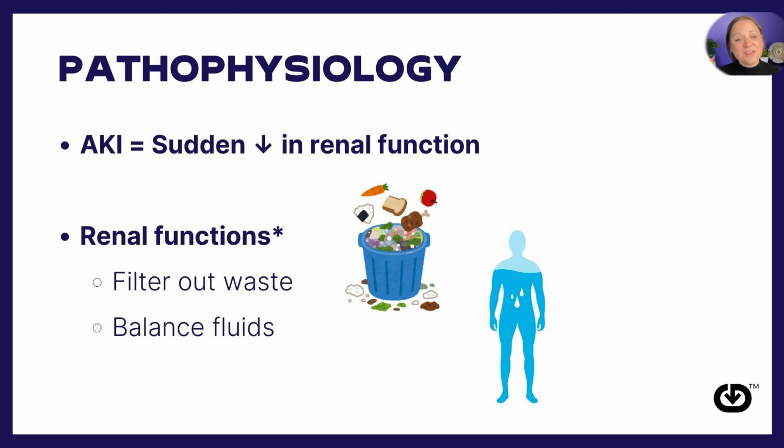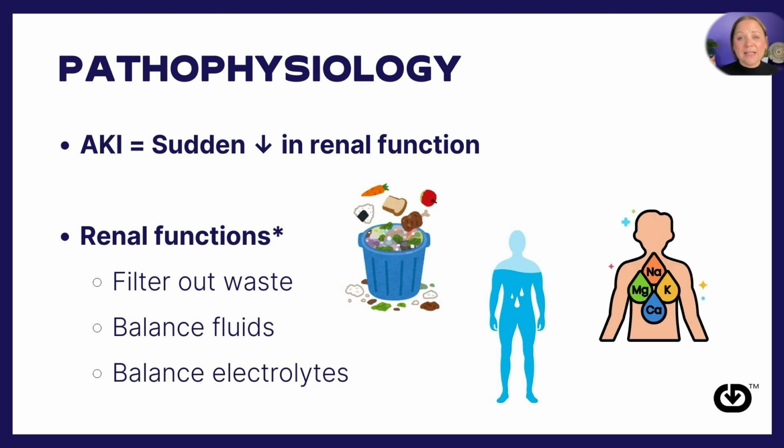Speaking of balance, the third and final main role of the kidneys is to balance electrolytes. And again, this is done through the loop of Henle and the body deciding how much of all of these different electrolytes, like potassium and sodium, should be maintained in the body and how much should be excreted.